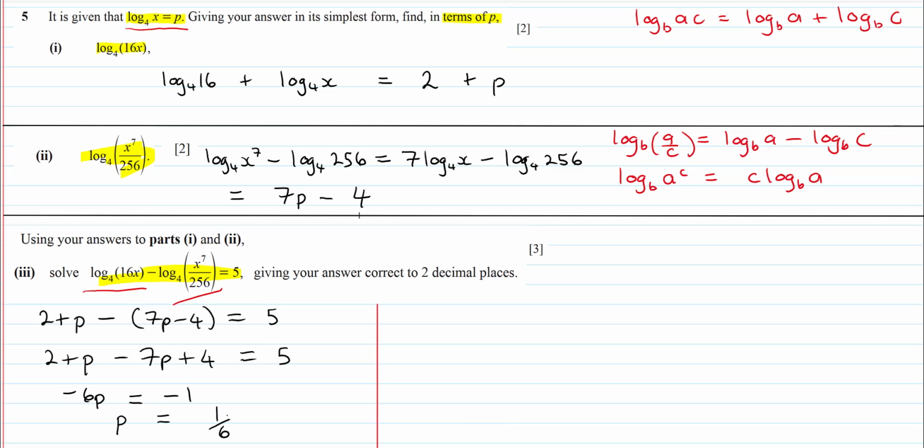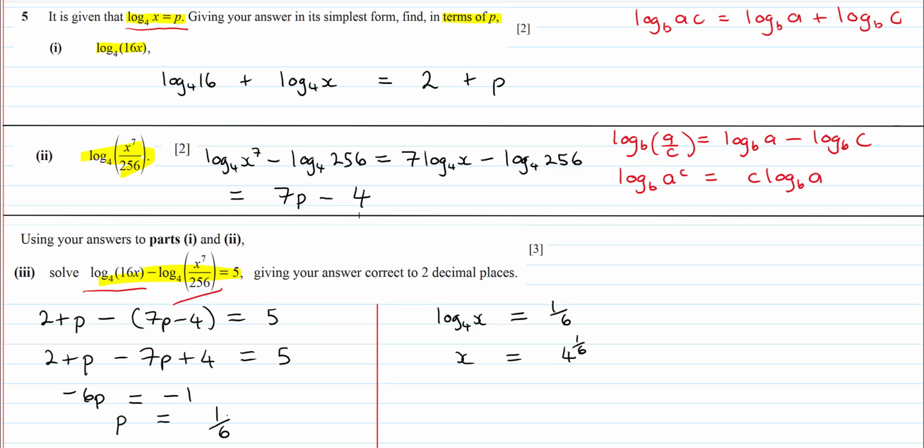Now we can write that log base 4 of x is equal to p, which was 1 over 6. Raising both sides to the power of 4 to get rid of that log base 4, we get x is equal to 4 to the power of 1 over 6.